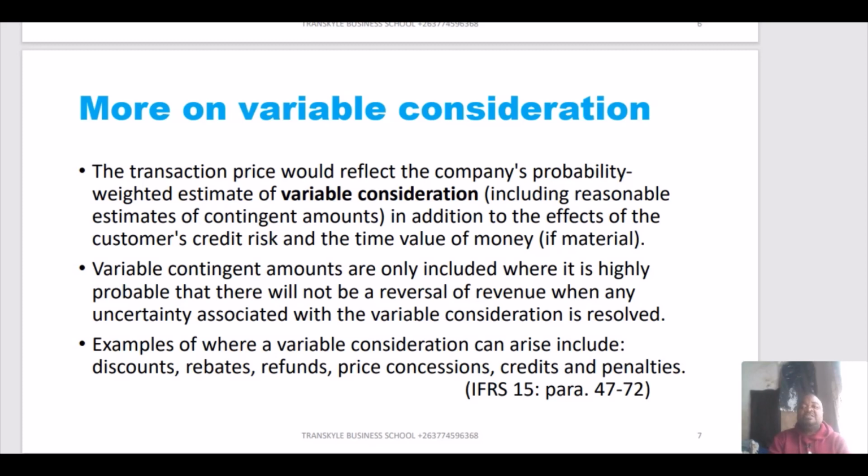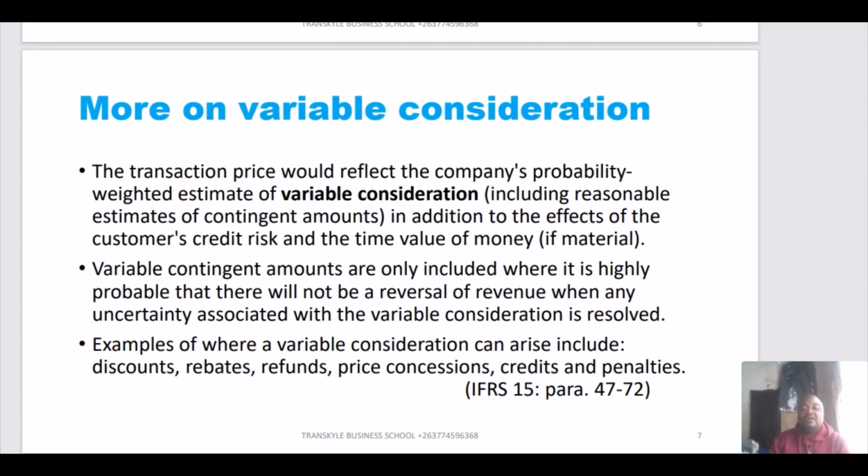The transaction price would reflect the customer's probability weighted estimate of variable consideration, including reasonable estimates of contingent amounts, in addition to the effect of the customer's credit risk and the time value of money if material.